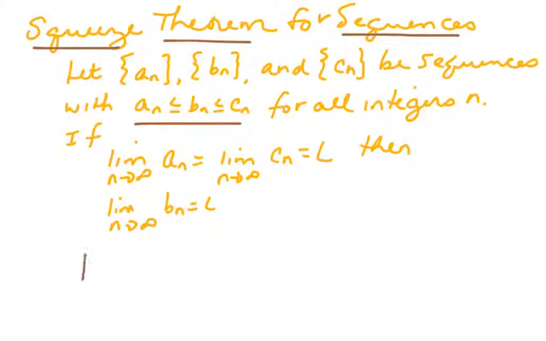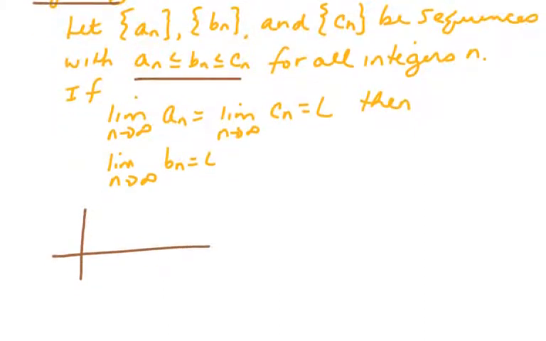So graphically, you might see something like this. If I were to graph a sequence, say this is a sequence here, let's say that's the AN sequence.